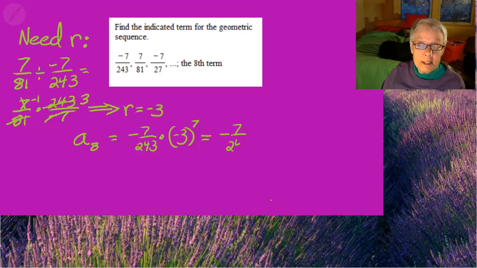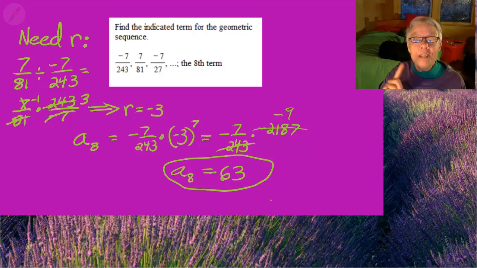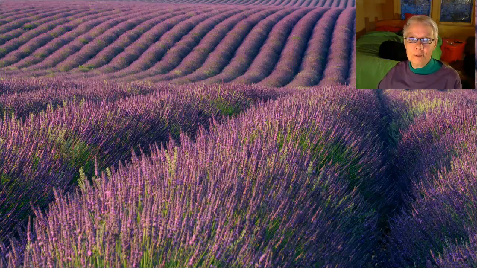So we'll have -7/243 times -2,187. 243 goes into that -9 times. -7 times -9 is -63. So our 8th term is going to be positive 63, because negative times negative is positive.